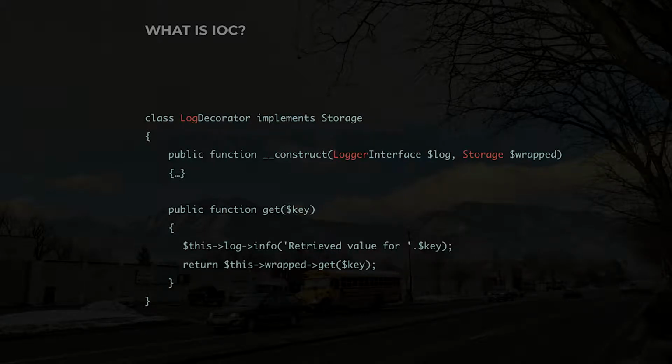We can do the same thing for logging. We can create a logger decorator, which implements Storage. This is very important, implements Storage, because otherwise you cannot wrap the cache decorator and the log decorator at the same time, right? They all need to implement Storage, because otherwise you cannot enter the log decorator in a cache decorator.